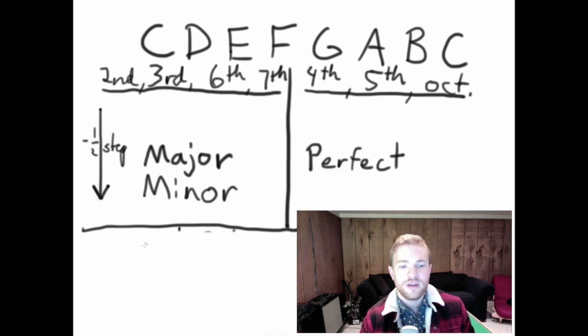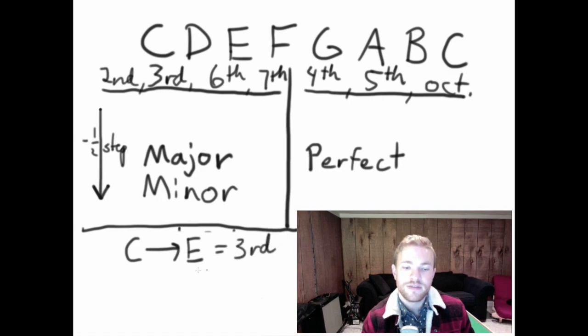So if we were to take a major interval like C to E, again, we know it's a third because of the number of alphabetical steps in that interval. But if we were to take this interval and lengthen it by a half step, we could make this an E sharp, right? Now, I know an E sharp is kind of a weird thing because E sharp and F are enharmonically equivalent, but for the purposes of our discussion here, this is what we're going to do.